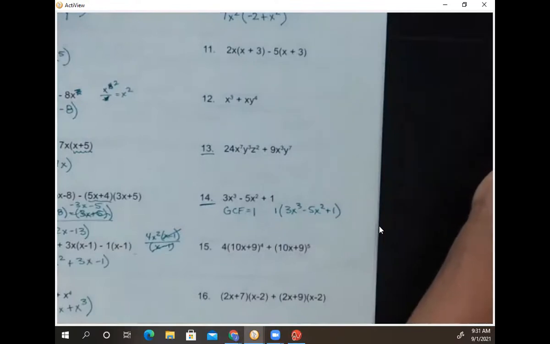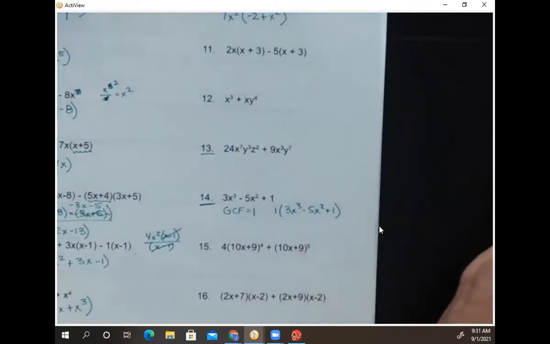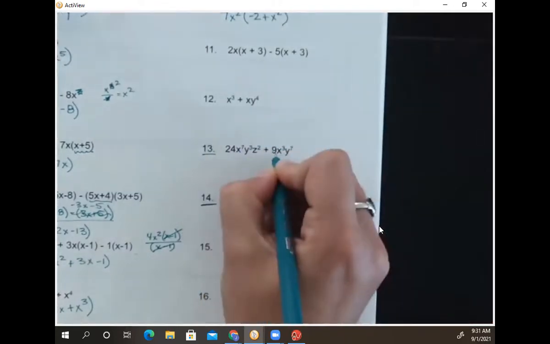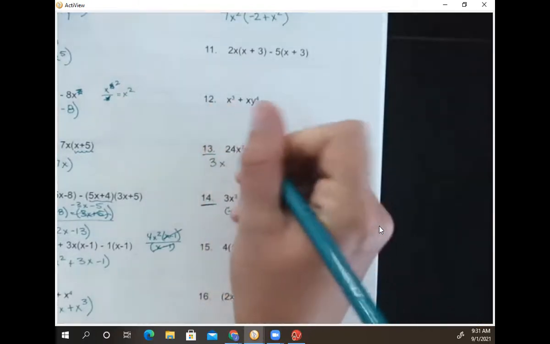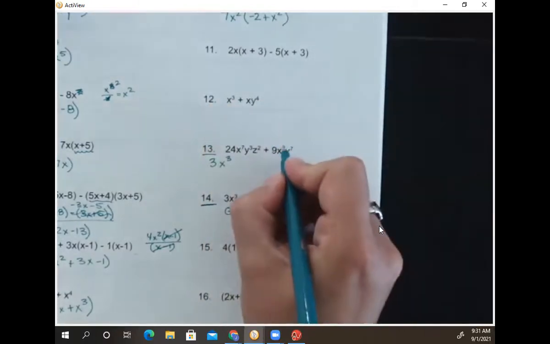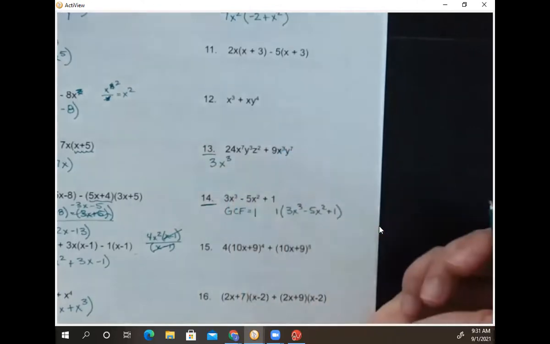What's your GCF for 13? What common factor do you have for both of those terms? You got 3, 24, 9, both divisible by 3, and then I heard an x in there, right? X cubed, right? I can take however many the term with the smallest exponent has.